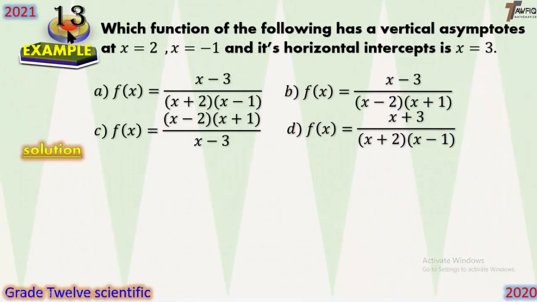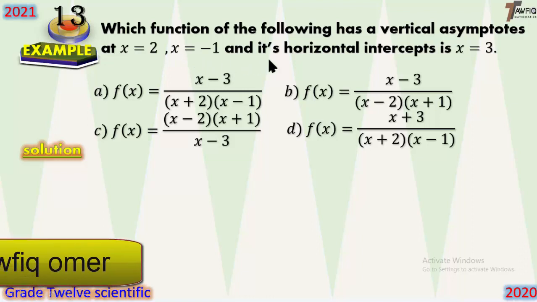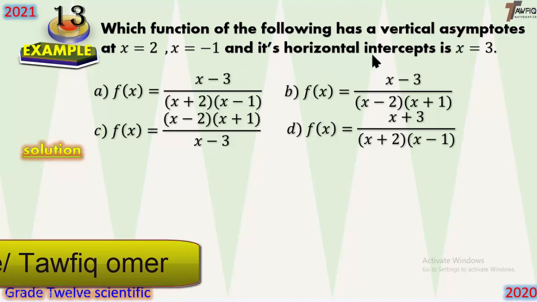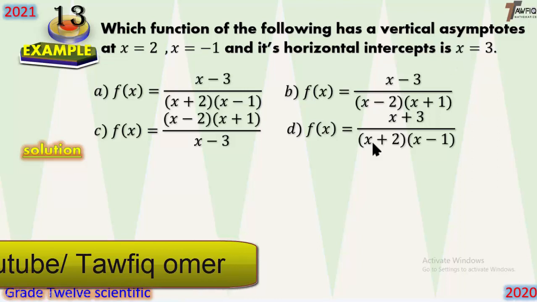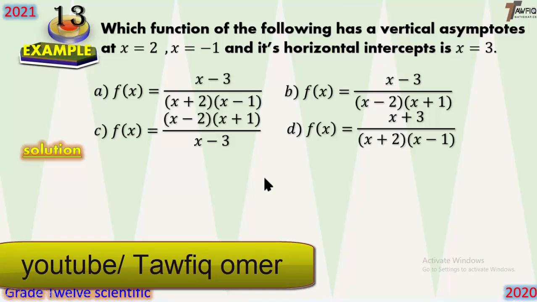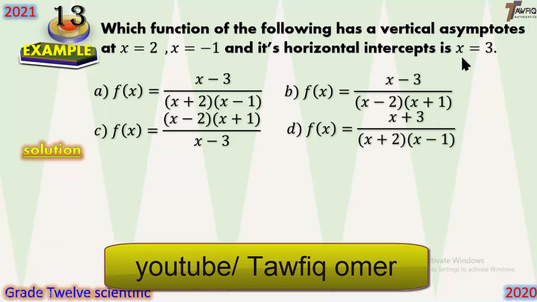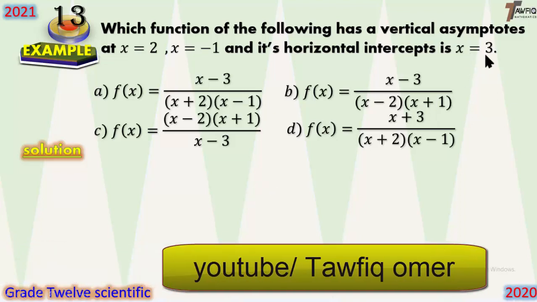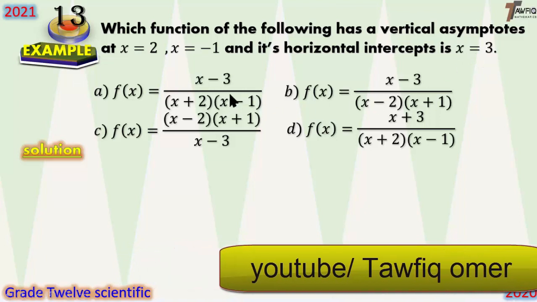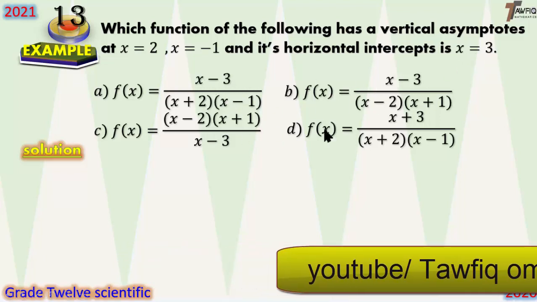Example number 13. Which of the following functions has a vertical asymptote at x equal to 2 and x equal to minus 1, and its horizontal intercept is x equal to 3? To find this function, you have two ways. First of all, replace x equal to 3 in the numerator of this function.